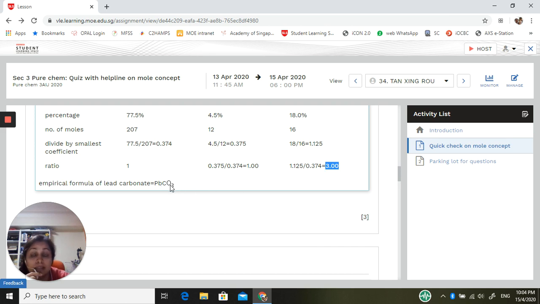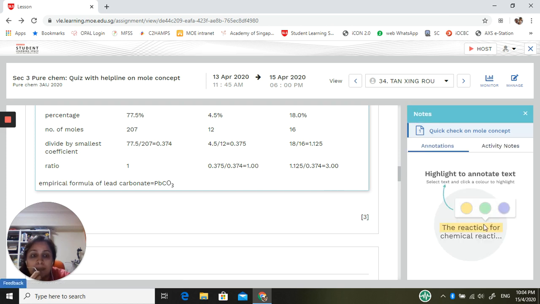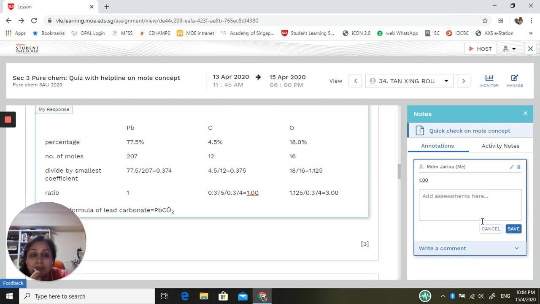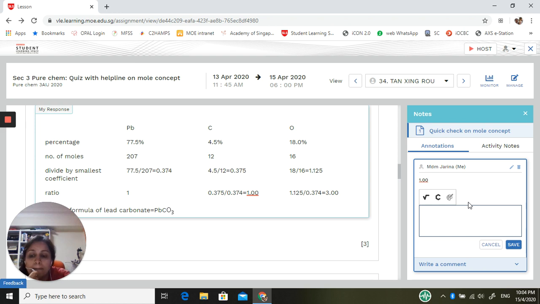So the formula is PbCO3. Okay, do not round off at this point. When I calculated, I got 1.002.